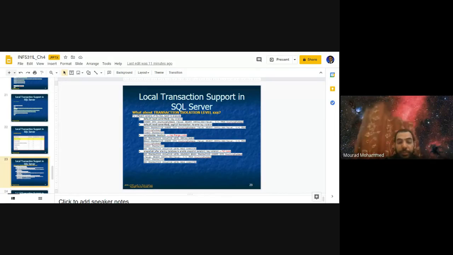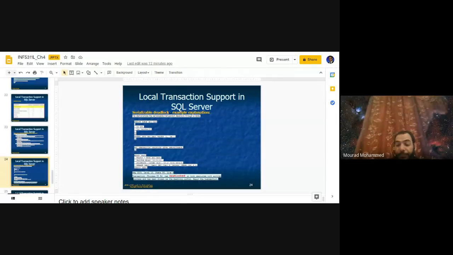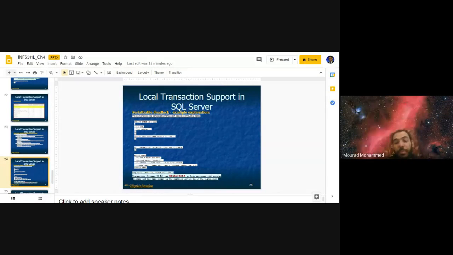The isolations discussed here are limited to the list of transactions running within the same environment. 1,000 transactions have to be executed at the same time.